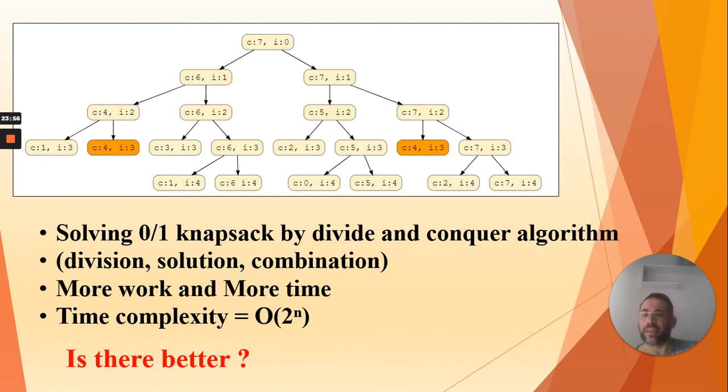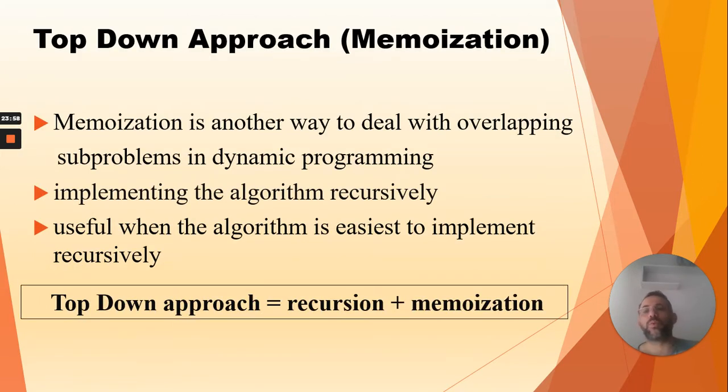Is there something better? Yes. The top-down approach, or memoization, we can consider as the development of divide and conquer. The top-down approach is like a hybrid between divide and conquer and dynamic programming.